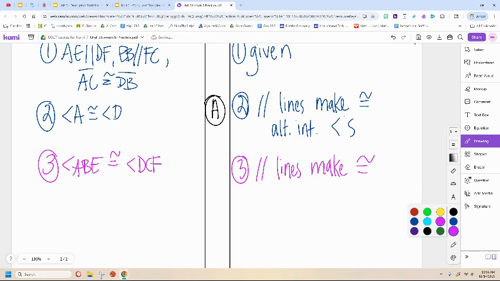How am I going to change the words from these previous words? Alternate exterior angles. Okay. Do I have another set of angles? Yeah. Oh, wait, yeah, that's an angle. Yep.